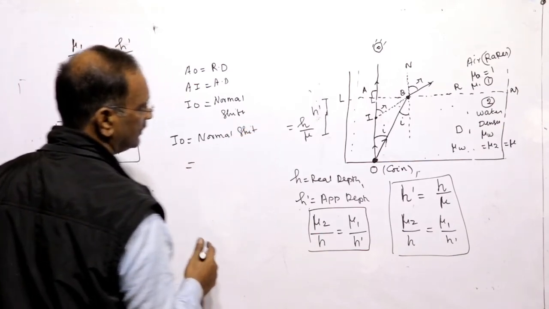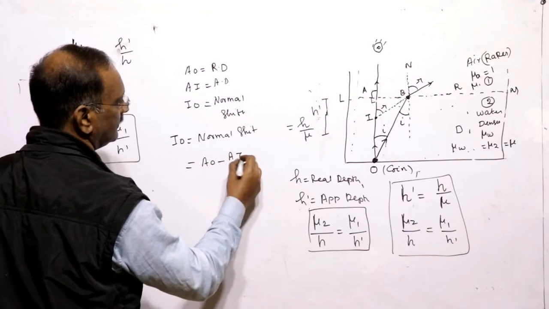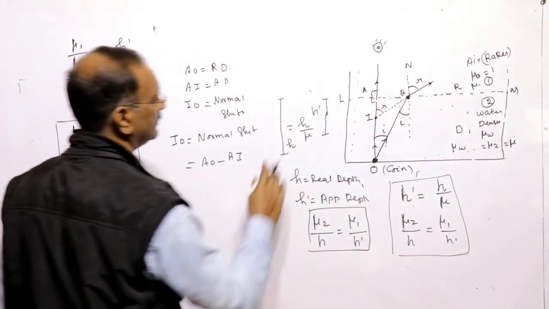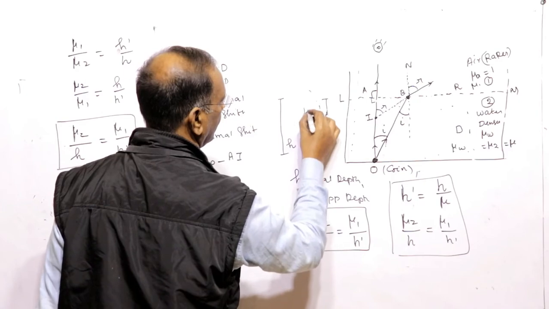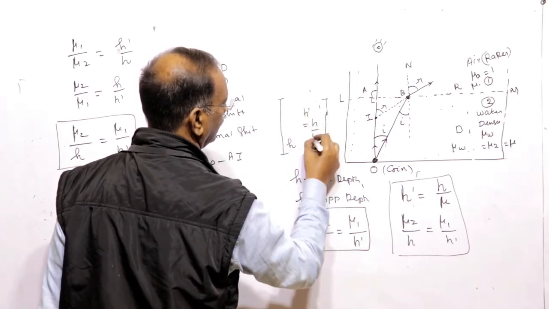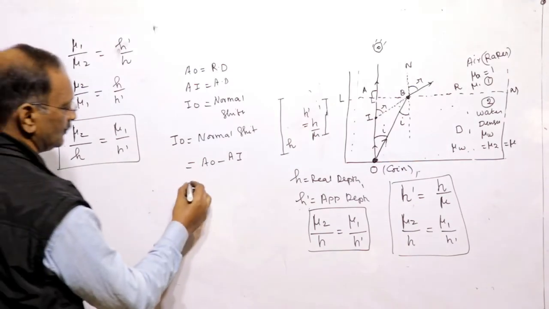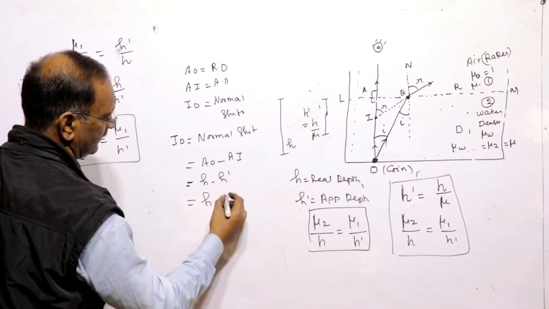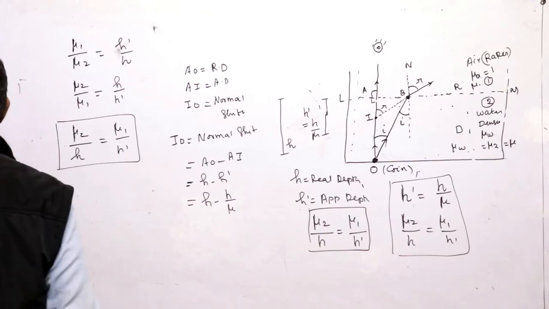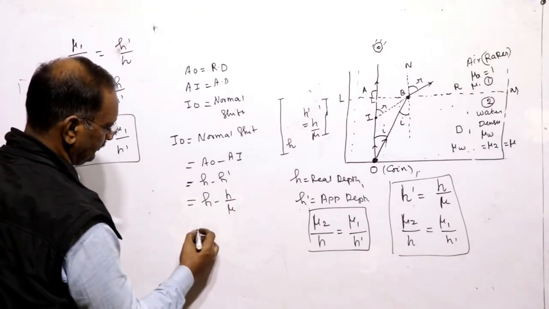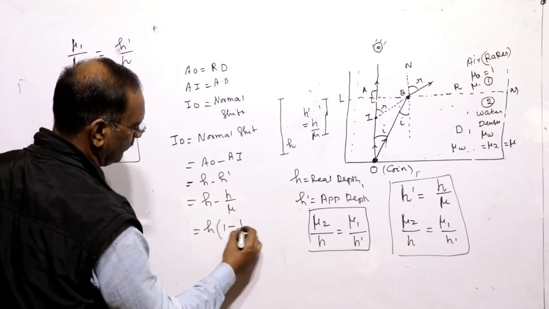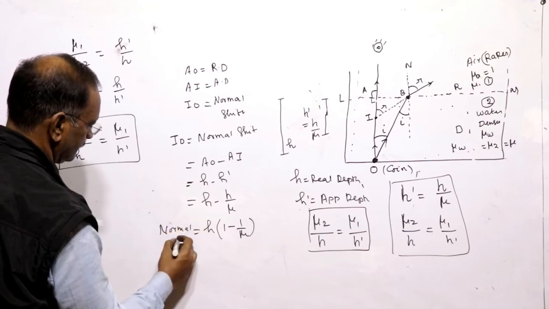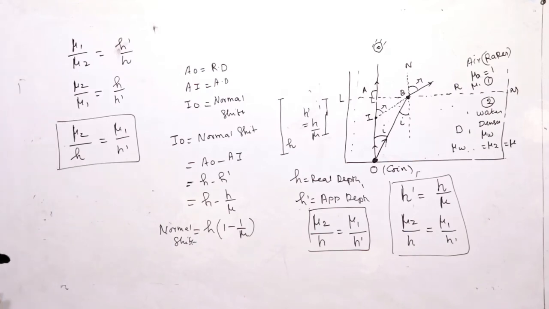So IO is equal to AO minus AI. AO is equal to h, and AI is h dash, which is h by refractive index. So IO is equal to h minus h by mu, that is h times (1 minus 1 by mu). This is the normal shift.